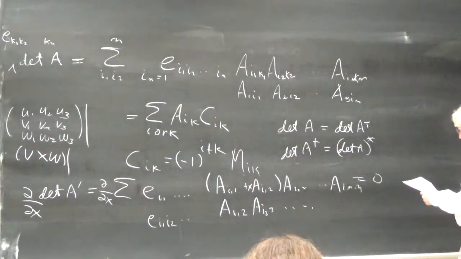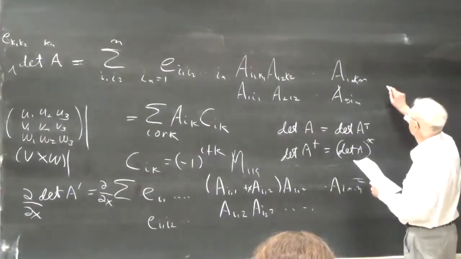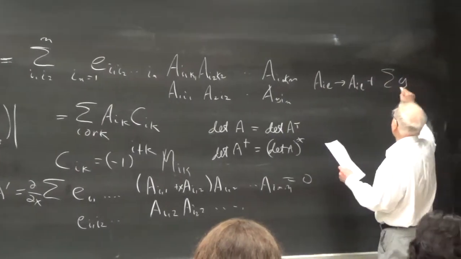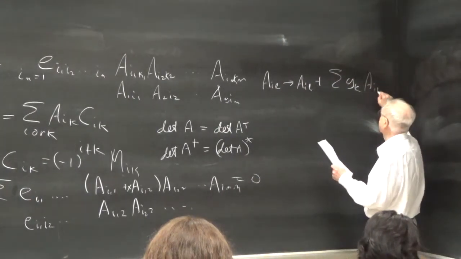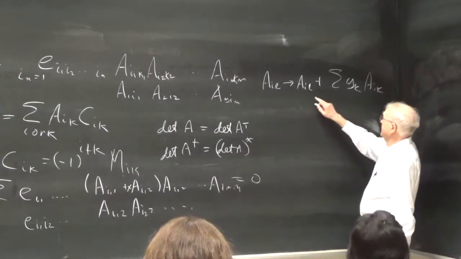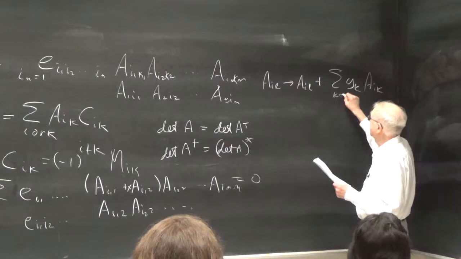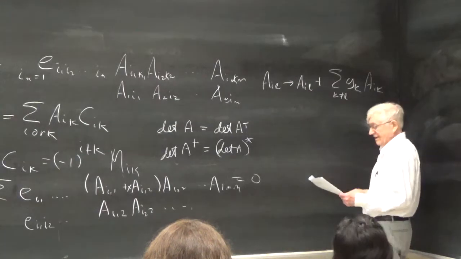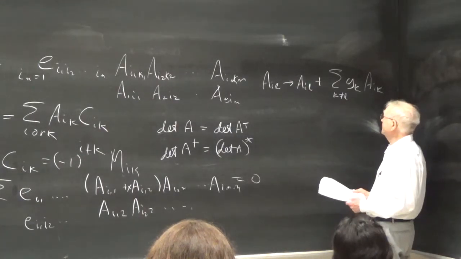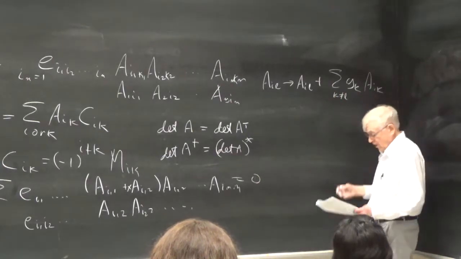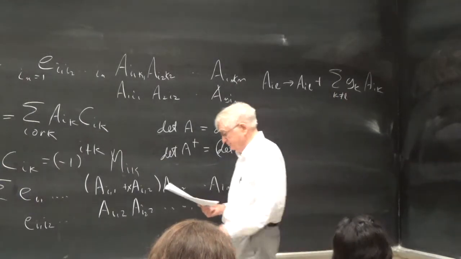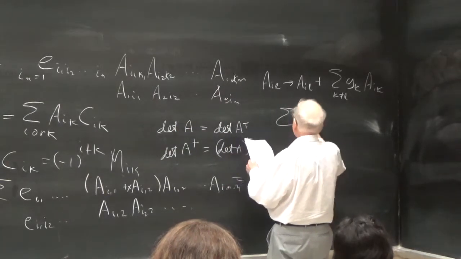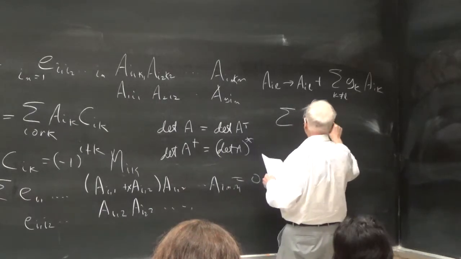That's because you could send AIL into AIL plus a sum of YK AIK. So here we're adding to column L various multiples of any other column, and that doesn't change the determinant at all. And so what one can arrange then is that the first column is just the sum of YK AIK.